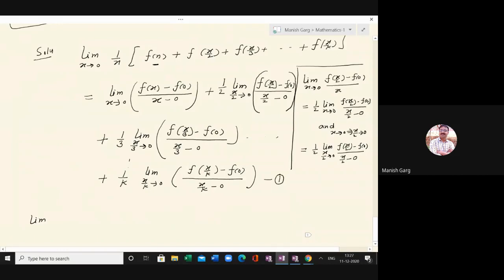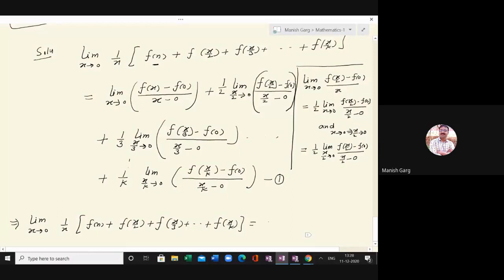Now limit x tends to 0 of 1 by x times [fx plus fx by 2 plus fx by 3 plus ... fx by k].